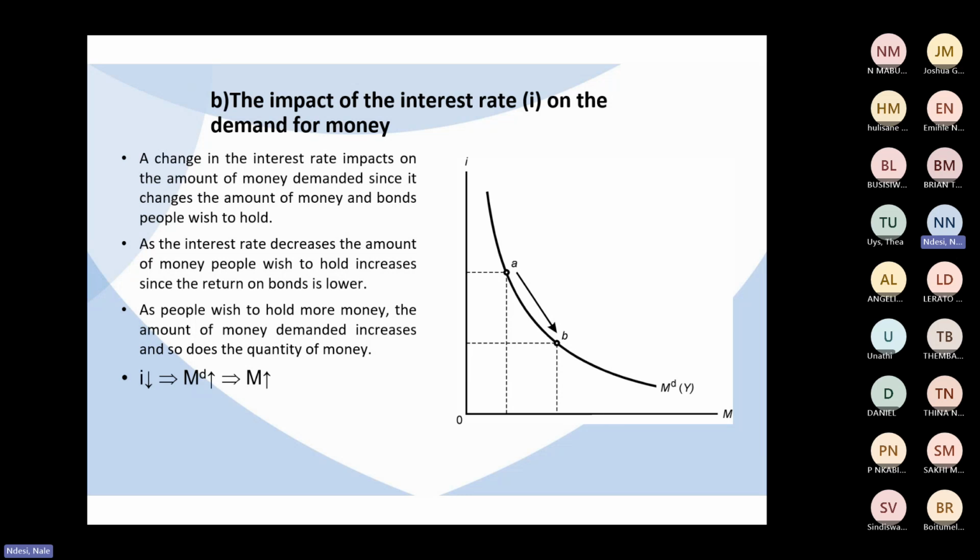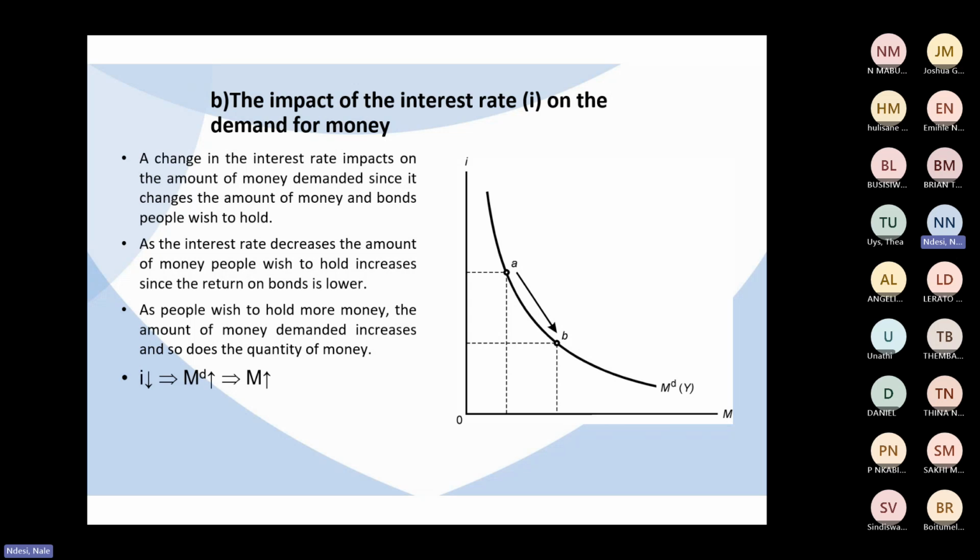As the interest rate decreases, the amount of money people wish to hold will increase, since the return on bonds is lower. So people will rather keep money. As people wish to hold more money, the amount of money demanded increases, and so does the quantity of money.